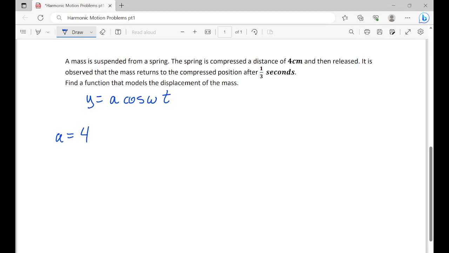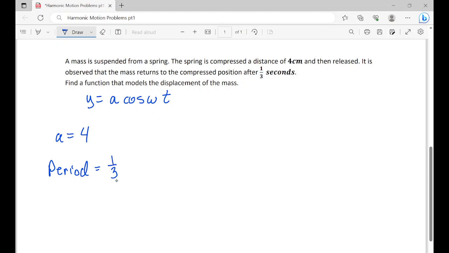And then it's released, and observe that the mass returns to its compressed position after 1/3 seconds. So this is how long it takes to go back to where it started. So it's a period of 1/3 seconds. So the period is equal to 1/3. I'm going to drop the seconds because I just want the number.